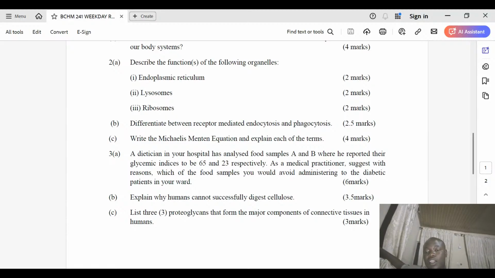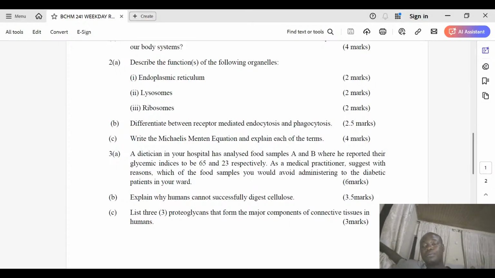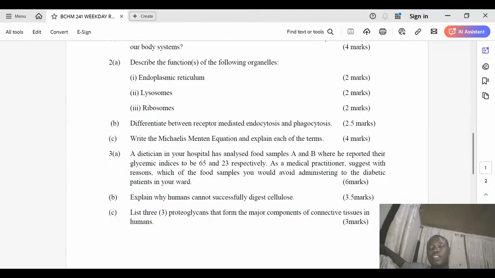Ilya says endocytosis is the movement of molecules, vesicles into the cell. Yes, excellent. So you see, Deborah Joseph, you answered phagocytosis, and then Ilya answered endocytosis.